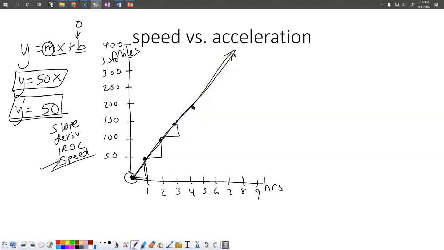But let's change the story a little bit. Let's say that instead of doing miles and hours, let's do seconds. Let's say these are seconds now, just to try to keep this story I'm about ready to create a little bit easier.